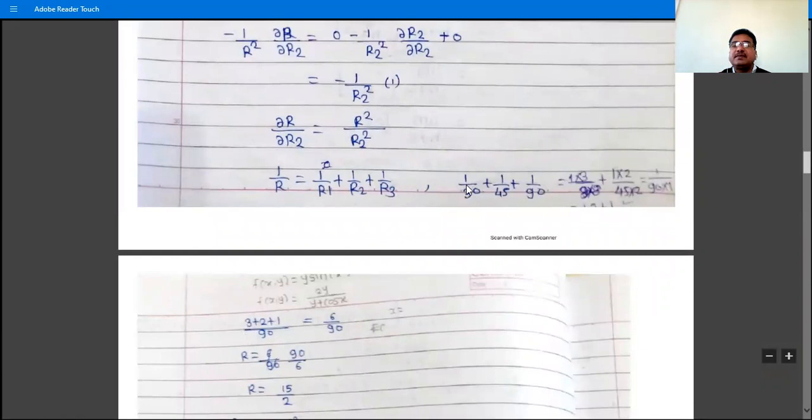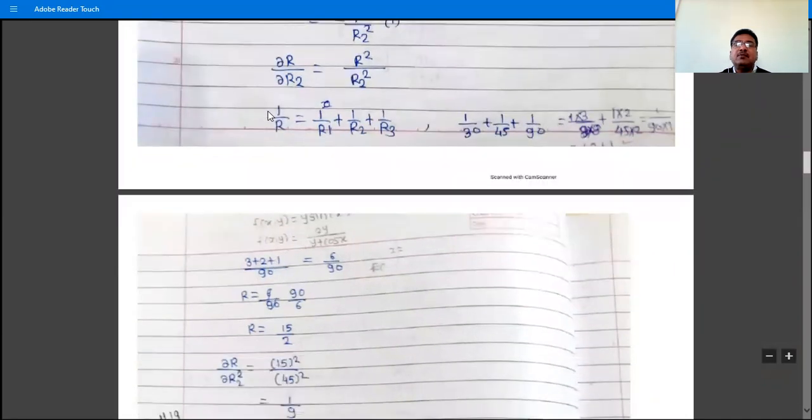90 is the LCM. So 3 thirties are 90, 2 forty-fives are 90, and 1 ninety is 90. So 3 plus 2 plus 1 is 6 by 90. This is the value of 1/R, 6/90. So R is 90/6, that is 15/2.